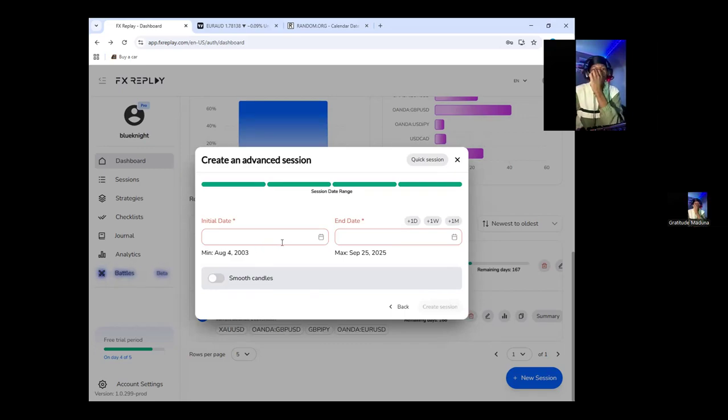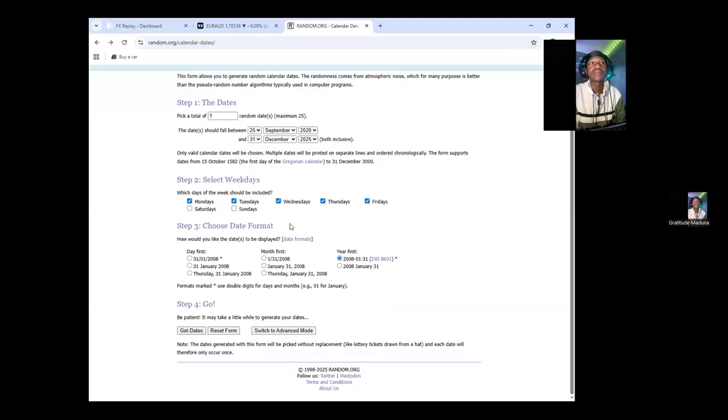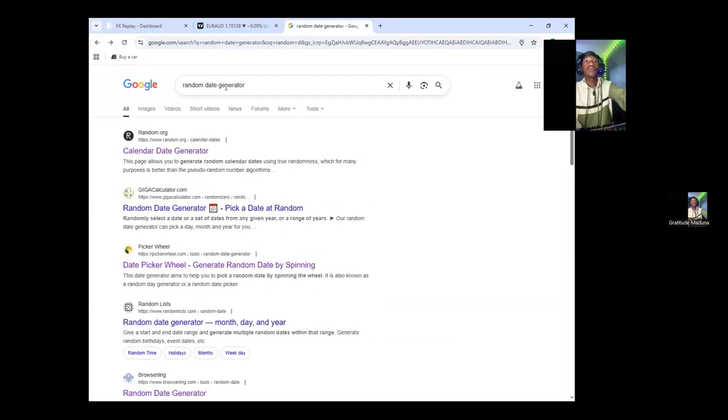Now I want to choose a starting date on which I'm going to be backtesting these pairs. Say I prepped this kind of backtesting whereby maybe I went through the past data before, studied it, and then came and backtested again. So what I did was go on Google and search for a random date generator.